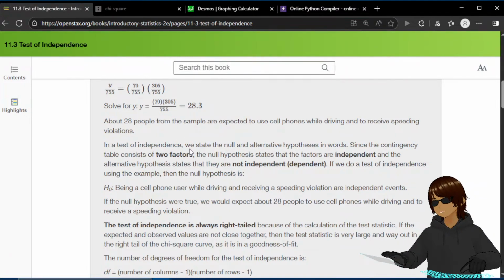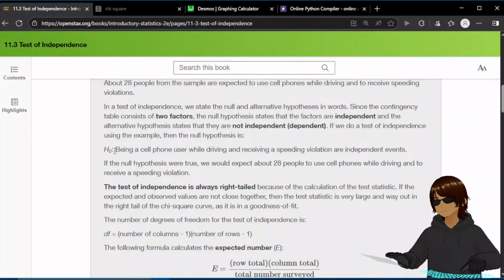In a test of independence, we state the null and alternative hypotheses in words. Since the contingency table consists of two factors, the null hypothesis states the factors are independent, and the alternative hypothesis states that they are not independent. Okay, so the null hypothesis being a cell phone user while driving and receiving a speeding violation are independent events.